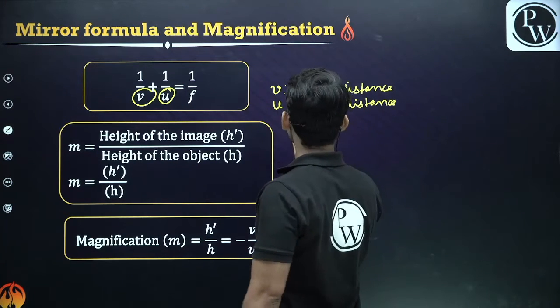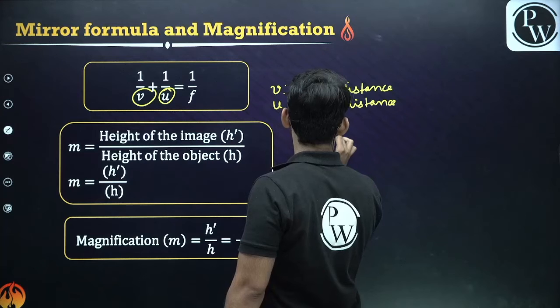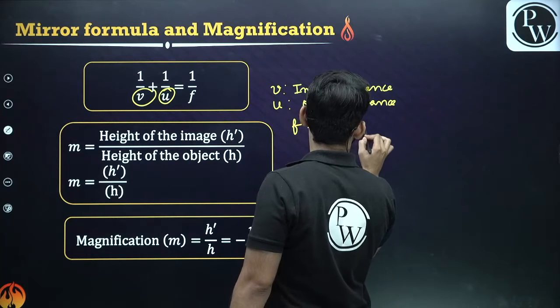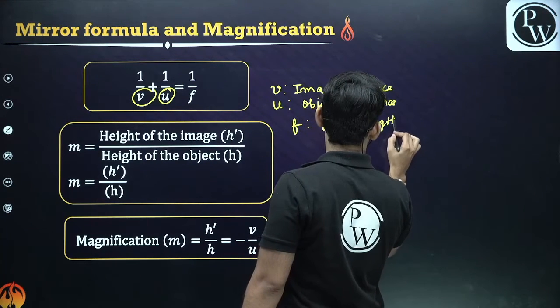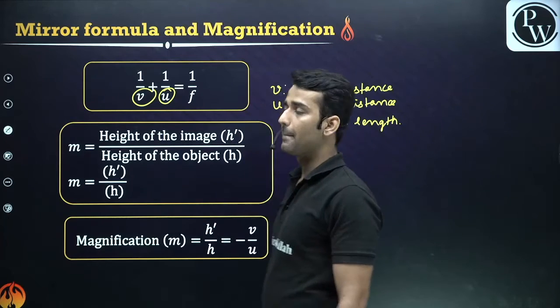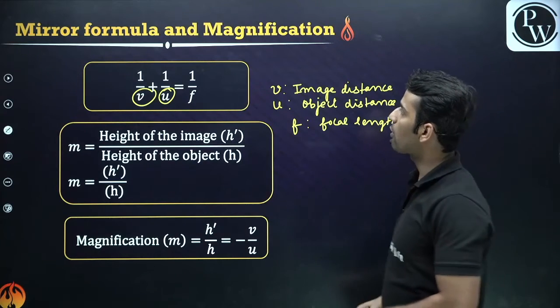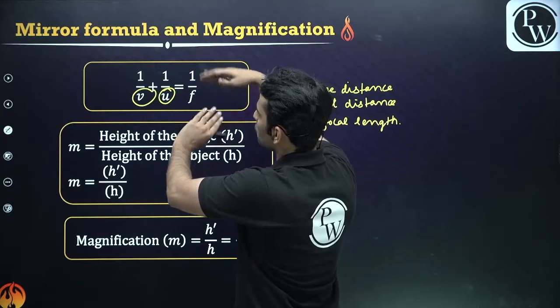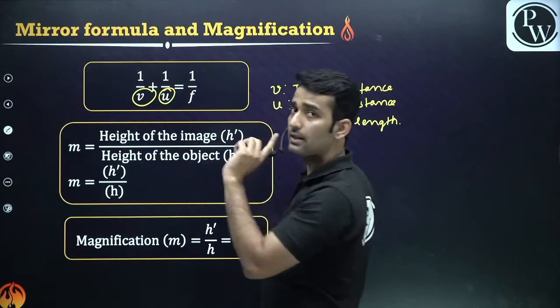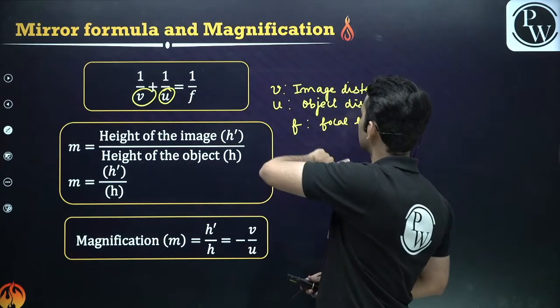And what is f, guys? f is the focal length. Clear? Okay guys, so what is the mirror formula? 1 by f is equal to 1 by v plus 1 by u. This is the mirror formula that relates these three parameters.